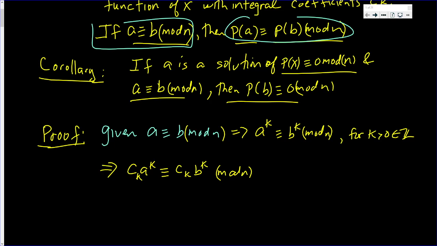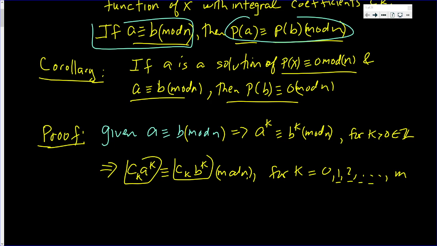So let's write it clearly. This is for k equal to 0, 1, 2, all the way up to m. So there are m plus one of these, after all, including the 0th one.